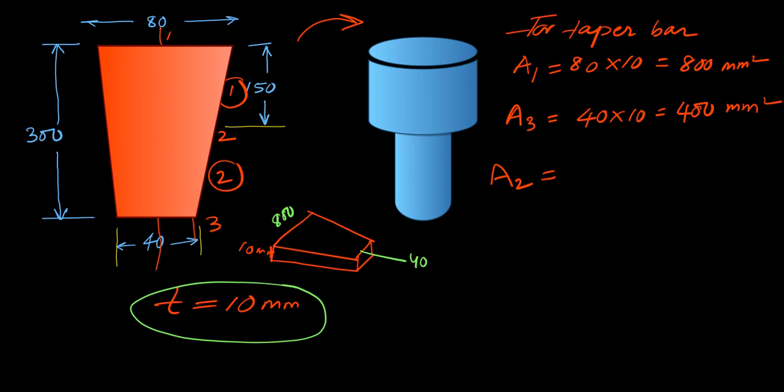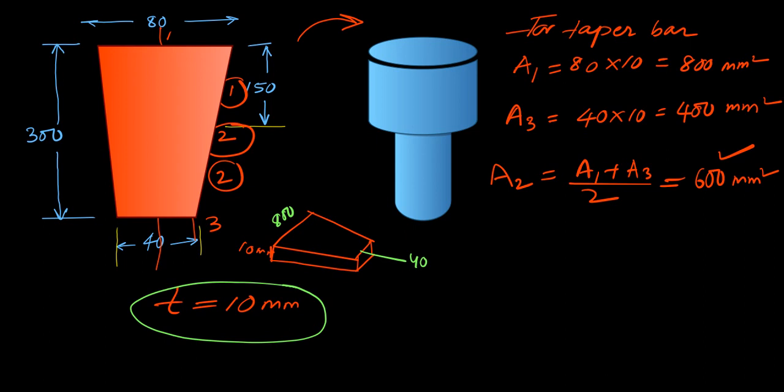So it is A1 plus A3 by 2. So 400 plus 800, so 1200 by 2. So it will be 600 millimeter square. So here the area at node 2 is 600, the average of 1 and 3. So for the taper bar we have got the area at all the nodes 1, 2, 3.